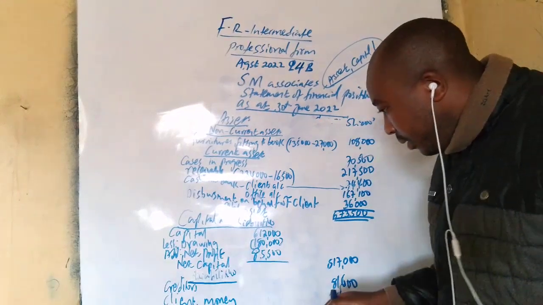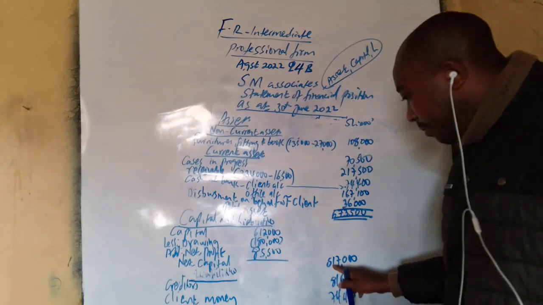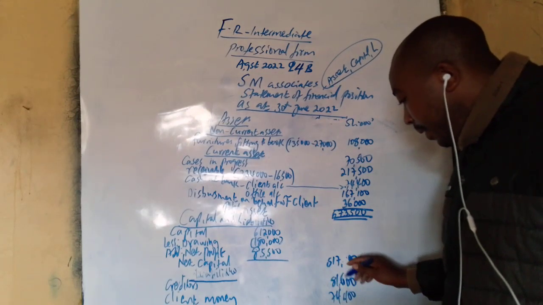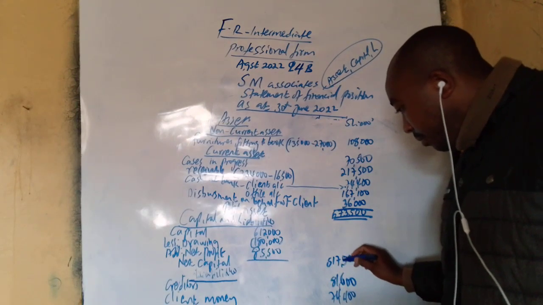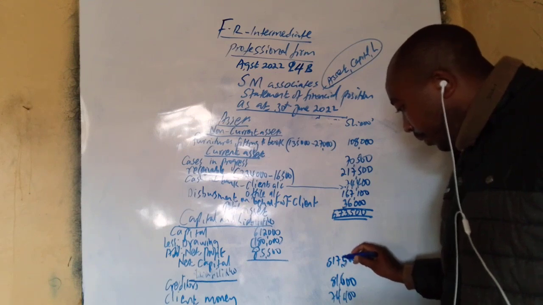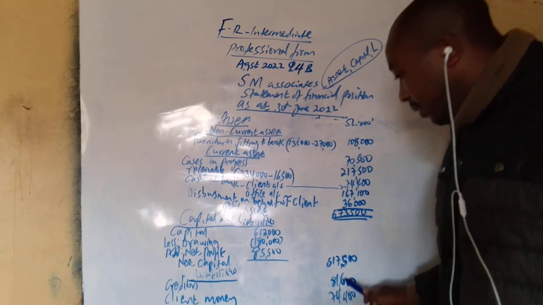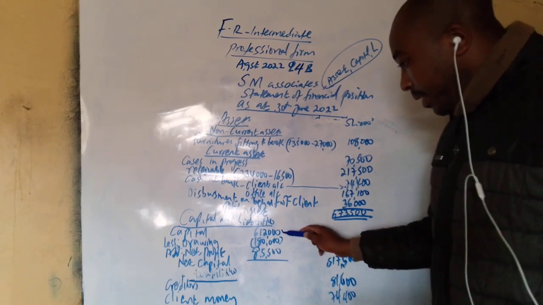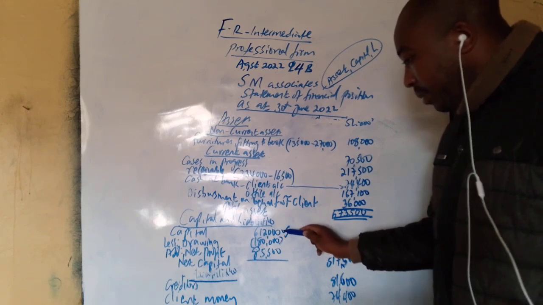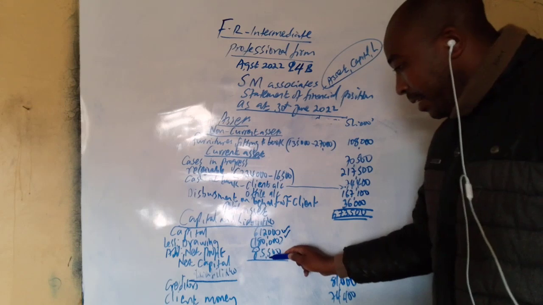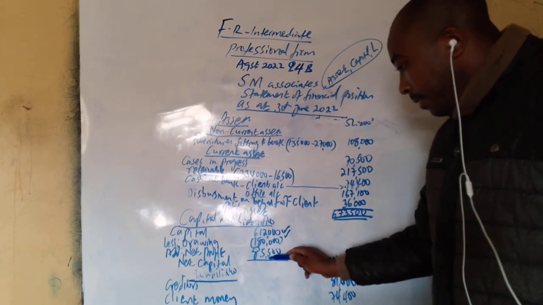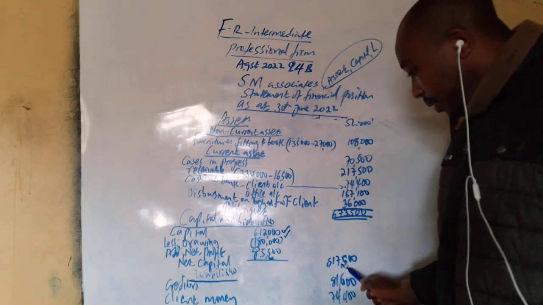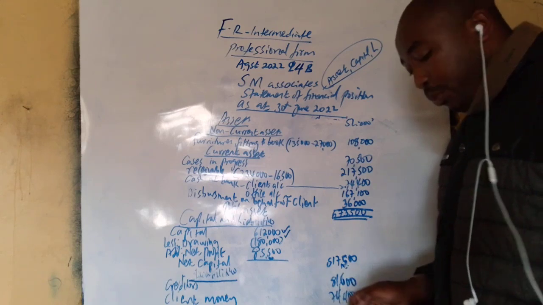Oh, someone is telling me this is not 517, but rather it is 517,500. Sorry for that. Why? We take this minus this plus this. Here there is 500, and this 500 is the one we had omitted there.